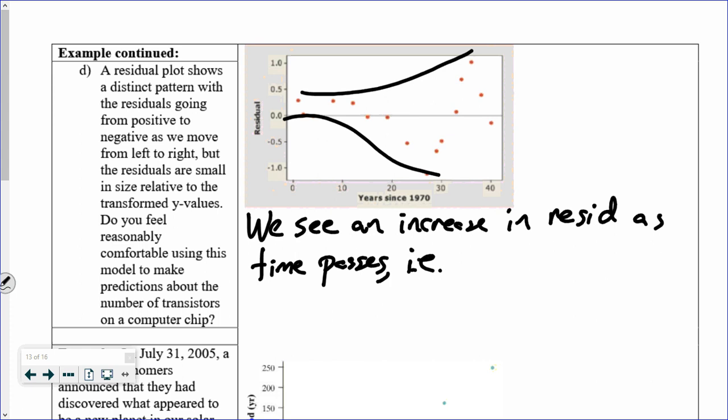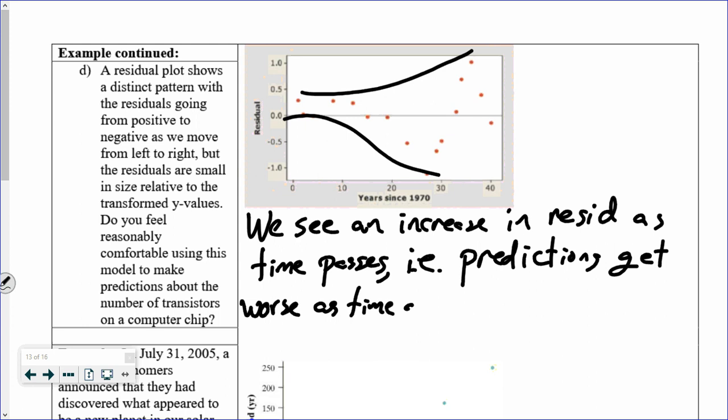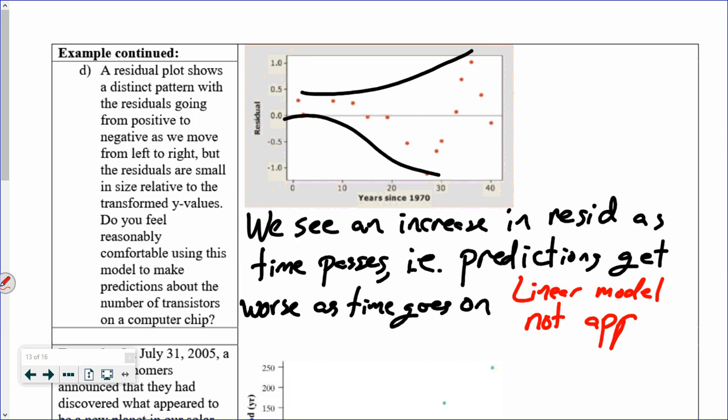That is, predictions are getting worse as time goes on. So a linear model may not be appropriate. That would be the L condition, the L out of LINE. Or we just don't want to see that pattern in the residuals, so I'll leave it more general.